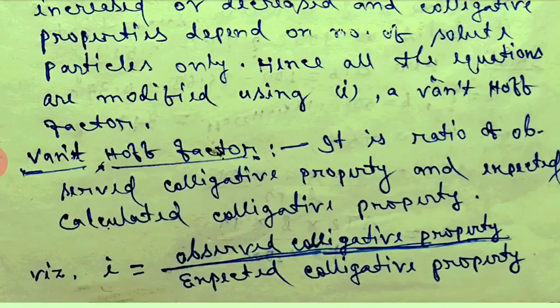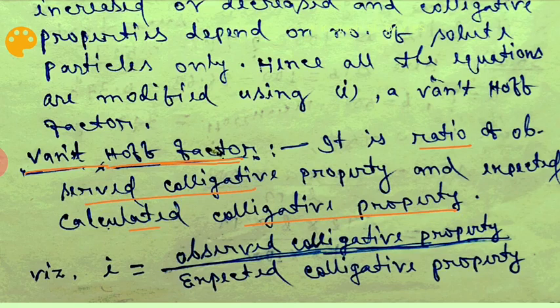Now the question is, what is van't Hoff factor? It is indicated by i. It is the ratio of observed colligative property and expected colligative property.